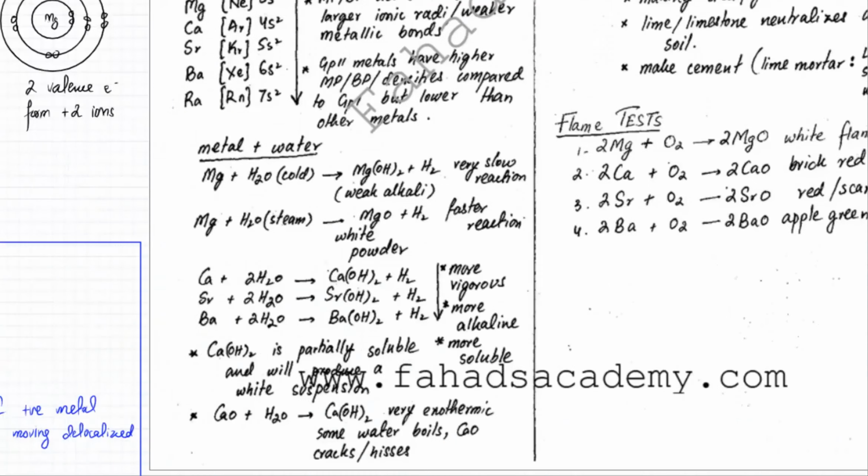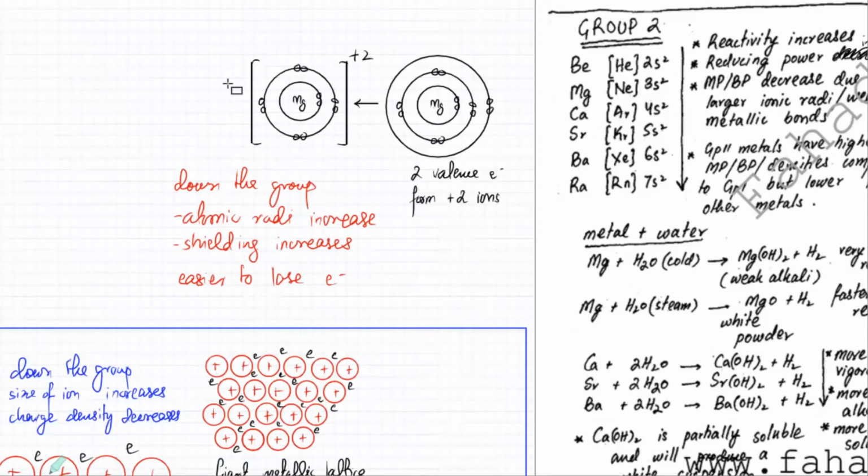I told you just that. Why does the reactivity increase? Because when you move down the group, the atomic radius increases, so it's easier to lose electrons. So that's another very important reason. It's easier to lose electrons, which is why they're more reactive. So you should know the reasons for this as well.